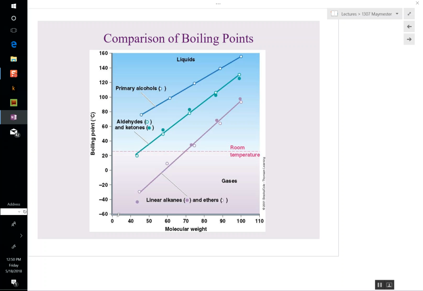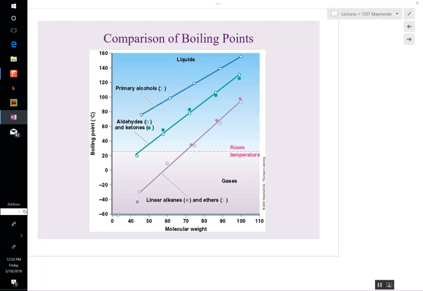So with alkanes, you increase the molecular weight, boiling point goes up. Here are aldehydes and ketones. Increase the molecular weight, boiling point goes up. Just what I'm saying right there. Alcohols. Increase the molecular weight and the boiling point goes up.